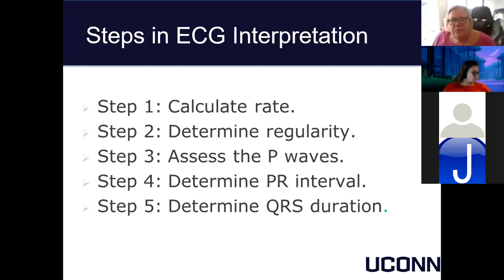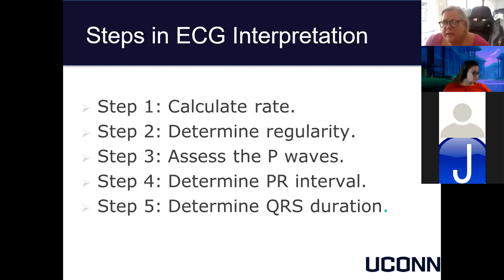All right, so now you want to look at your EKG. Your first step is to calculate your rate. And when we calculate rate, we're almost always counting our QRSs. Then you want to determine if it's regular or not. So that's, are the QRSs happening in the same time frame repeatedly?